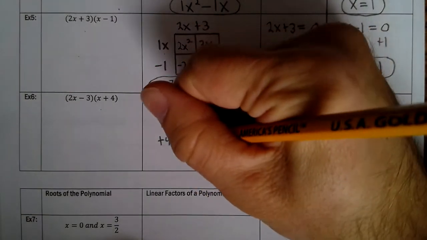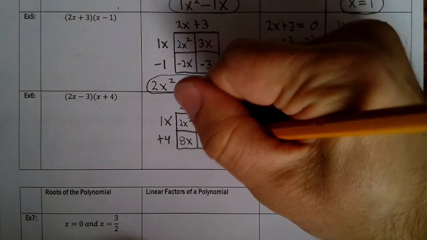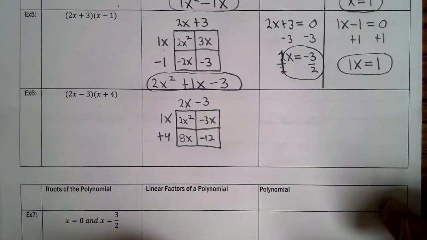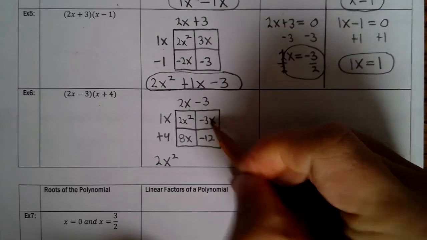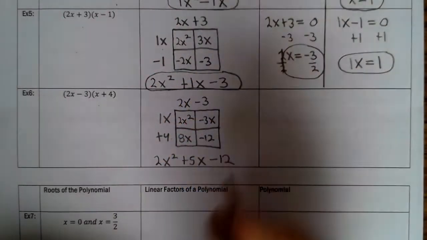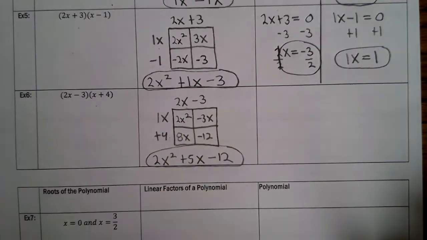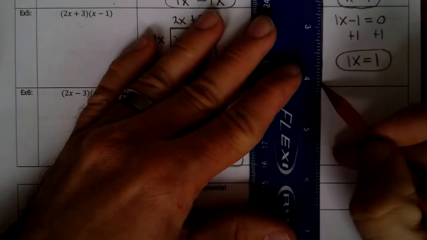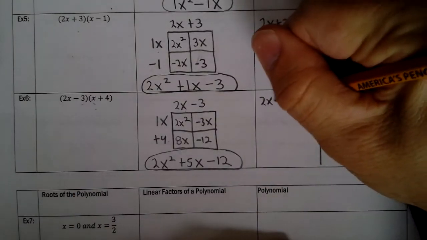So then we combine terms. Well, it's 2x squared, 8x minus 3x is plus 5x, and then minus 12. Now, to find the roots, we come back to here and set 2x minus 3 equal to 0, and 1x plus 4 equal to 0.